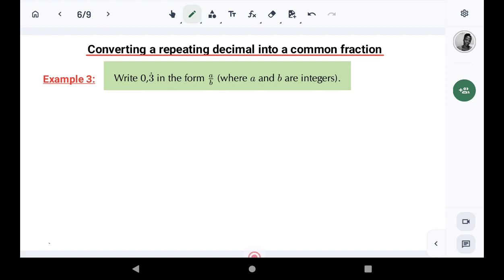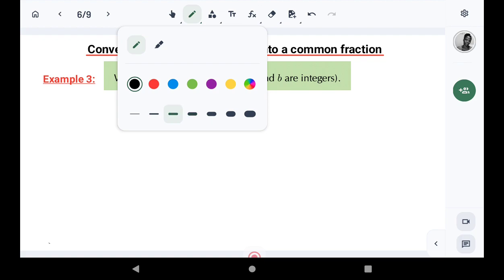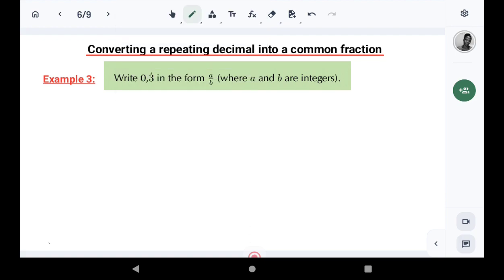Next, we're converting a repeated decimal into a common fraction or a rational number. How do we do that?